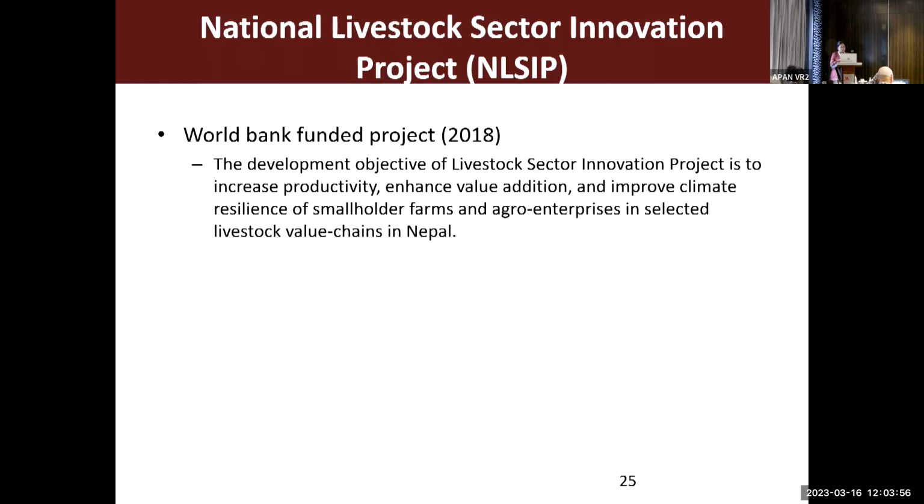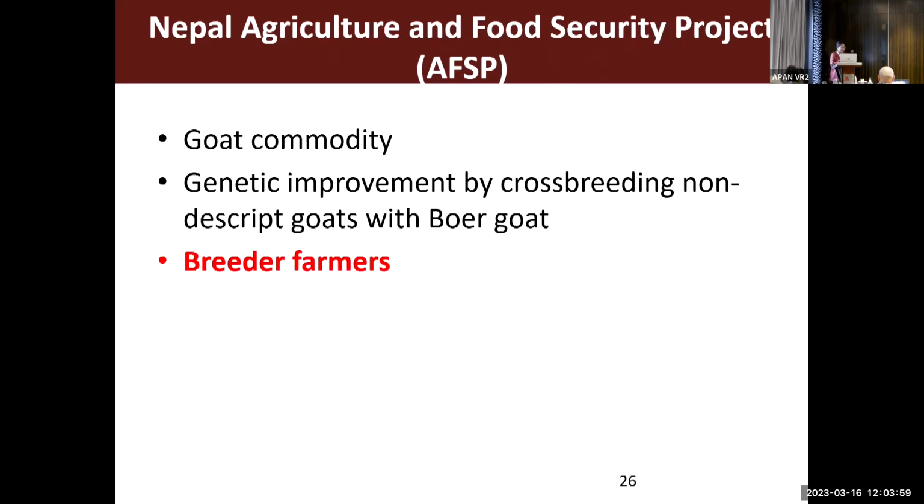There is another project in the goat sector, the Nepal Agriculture and Food Security Program, funded by IFAD, and in this one they use a server for collecting data, so you can enter the data somewhere else and it is collected together in one place in the data management unit.